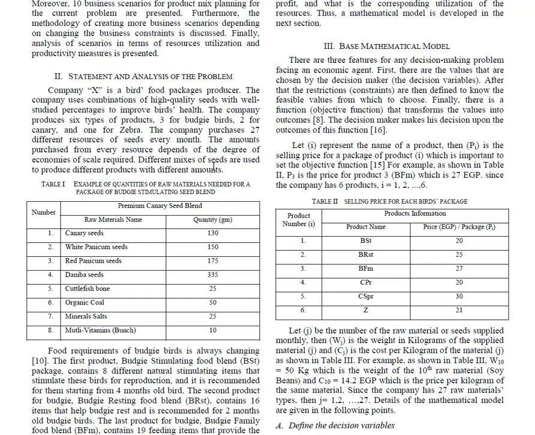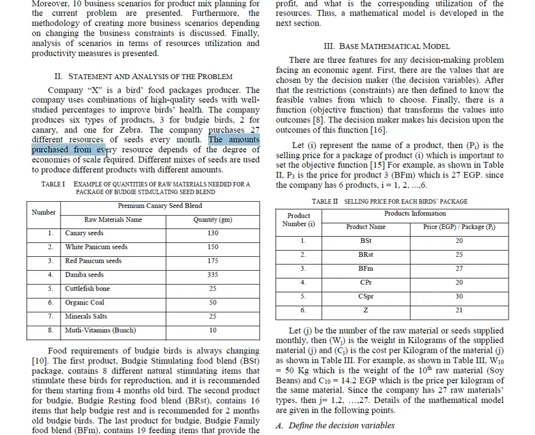The company produces 6 types of products: 3 of them are for budgie birds, 2 for canary, and 1 for zebra. We are not interested in that. We just want to know that it produces 6 types of products. So we have our set of products from 1 to 6, and the company purchases 27 types of raw materials every month. Okay, so I have a set of products that is 6, and the set of raw materials equals 27. All right.